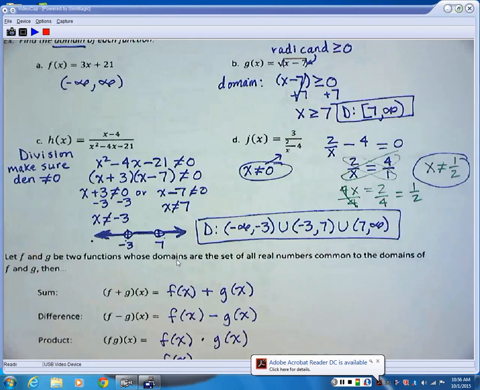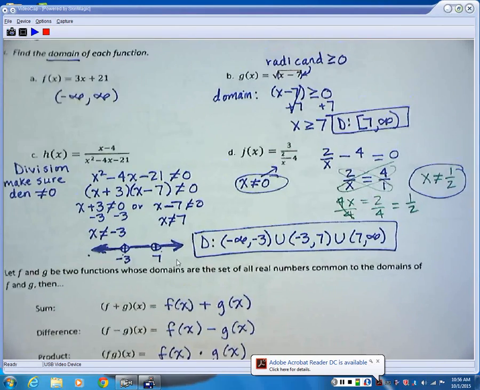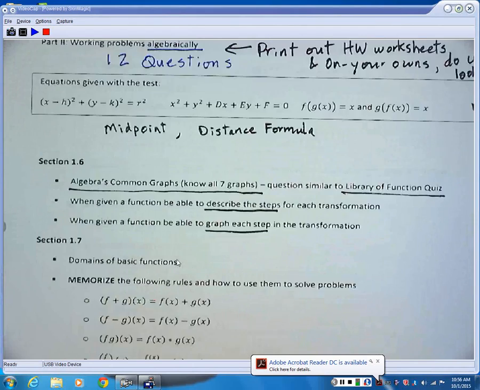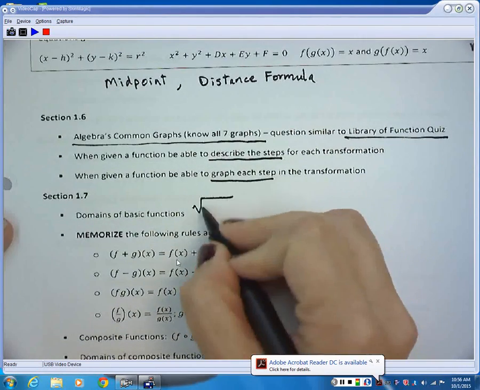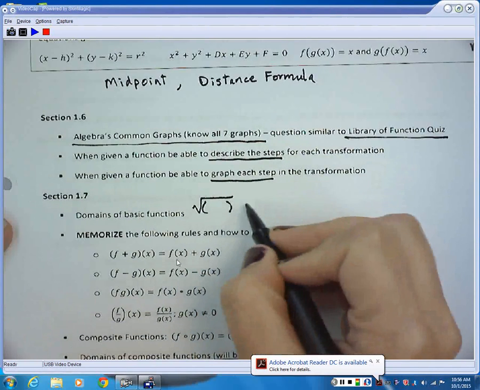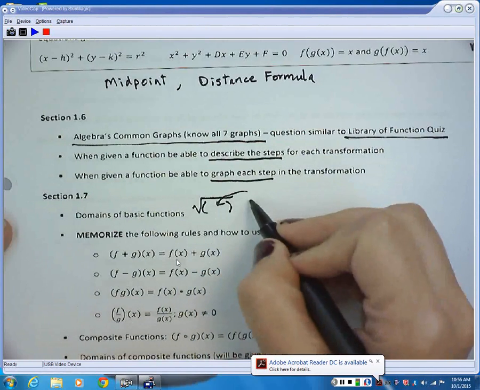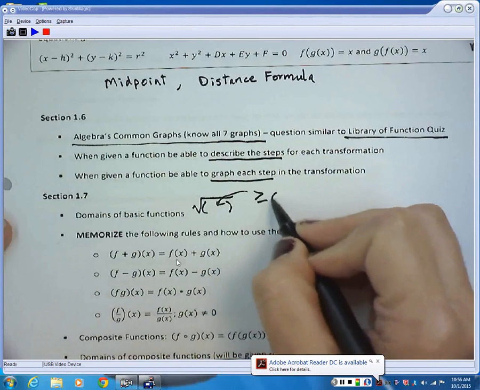So, whoops, where's mine? Oh, I covered it up. So, when do we have restrictions? If you have a square root, you have to make sure that this is greater than or equal to 0.